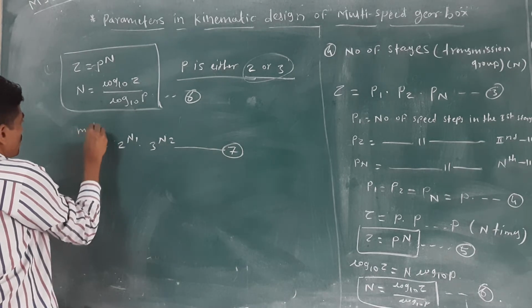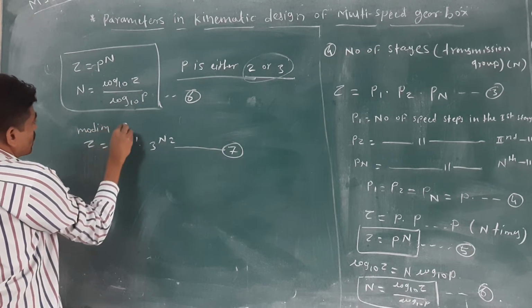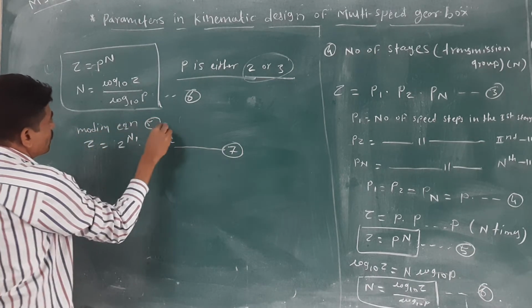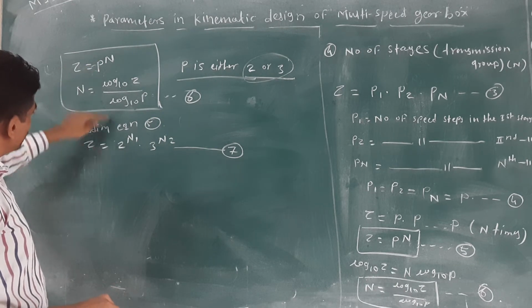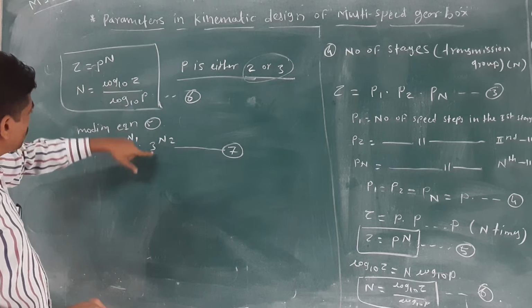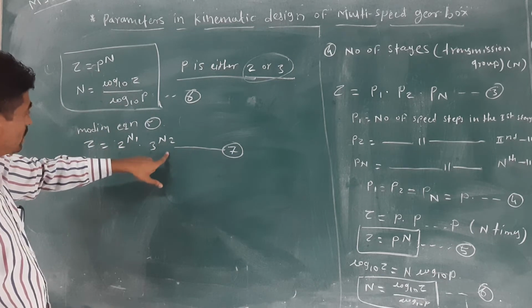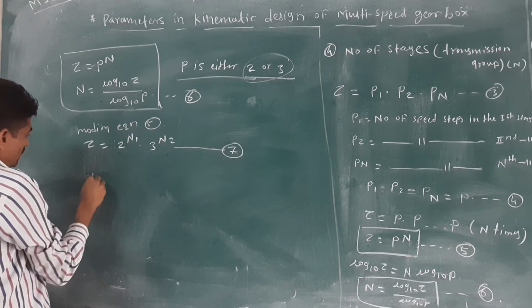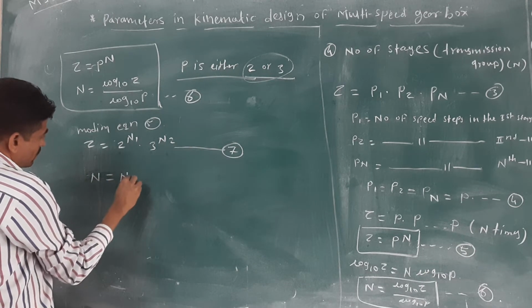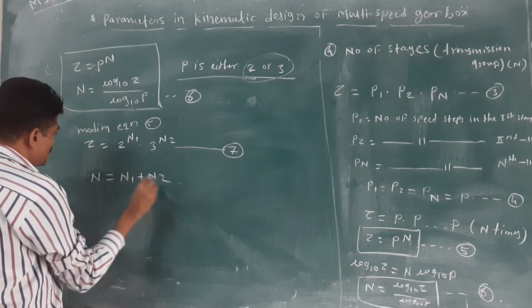This modifies equation 5. I am putting p1 is equal to 2 and p2 is equal to 3. Then how to get the number of stages? N is equal to n1 plus n2.